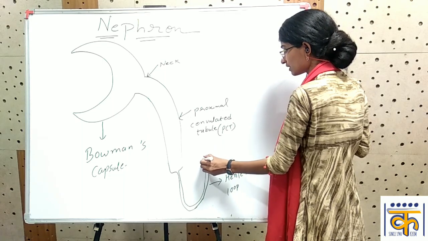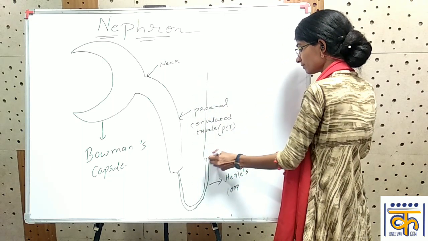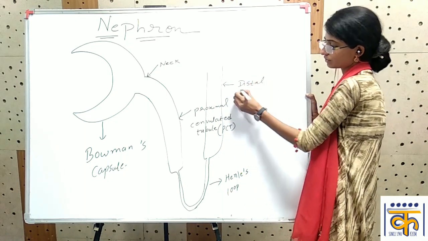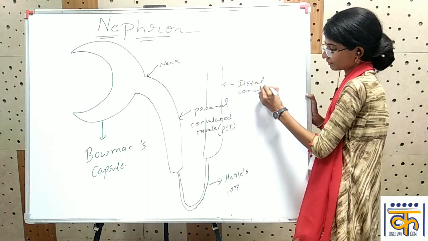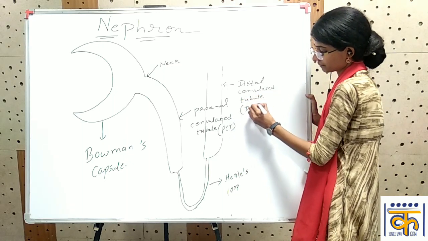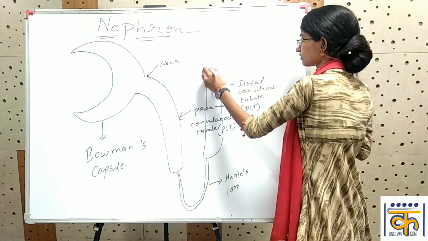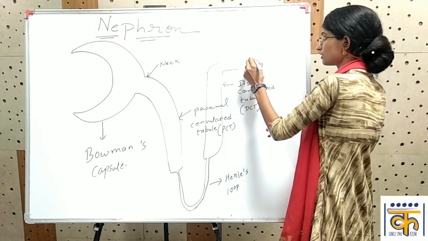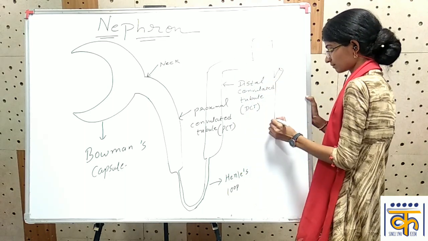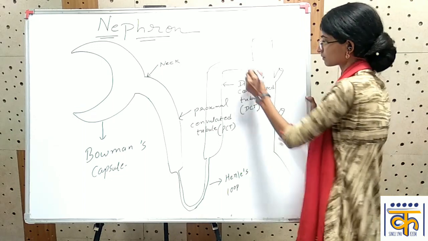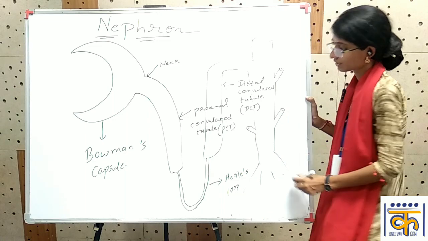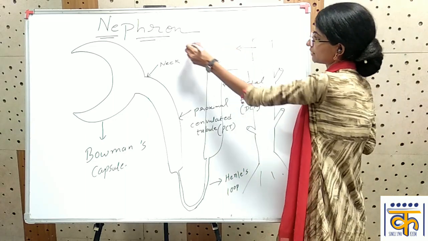Following it, we have again a broader diameter tubule, which is called distal convoluted tubule, or DCT. This DCT opens into the collecting duct. So this is the collecting duct.